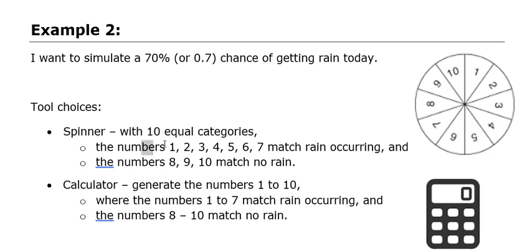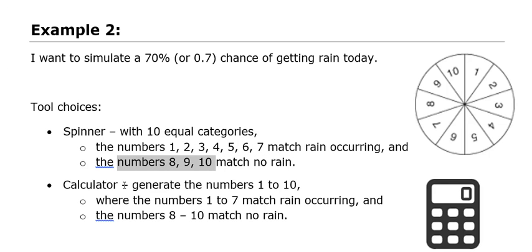So if I spin that spinner and I get numbers 1, 2, 3, 4, 5, 6 or 7, then that means it's going to rain. But if I get the numbers 8, 9 or 10, that means it's not going to rain. So I've got a 70% chance, 7 out of 10 numbers, for raining, and a 30% chance, 3 out of 10, for not raining.